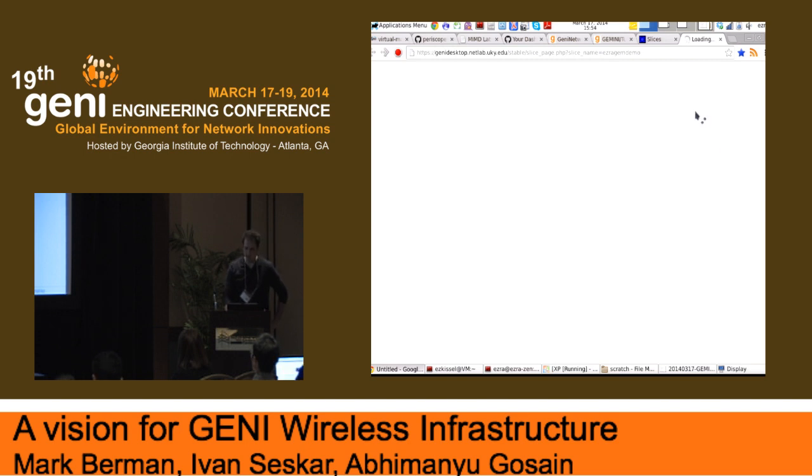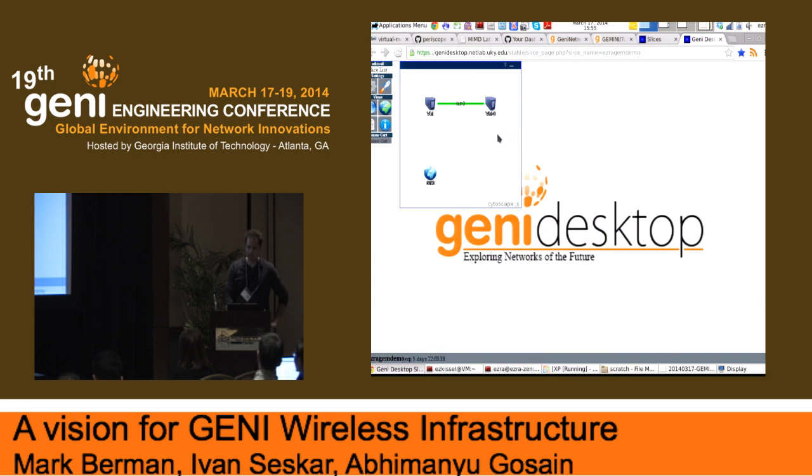and hopefully this will work. All right, there we go. So within here, you can see that my slice topology is very simple. It's just two nodes that I'm going to run this test on.